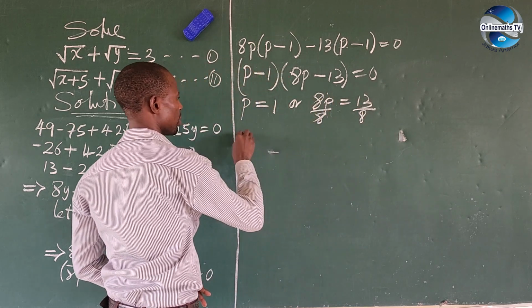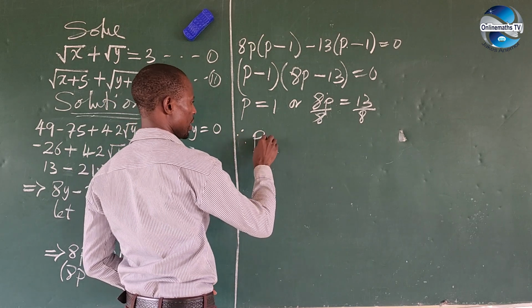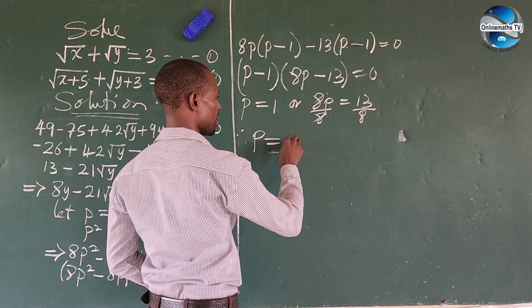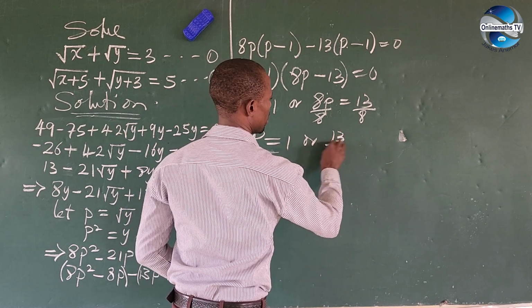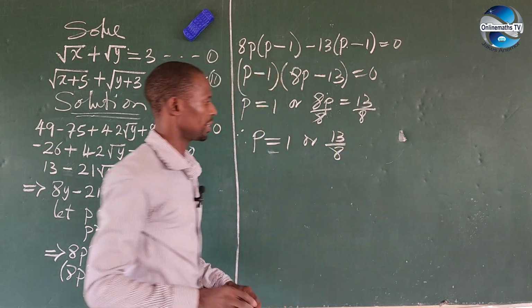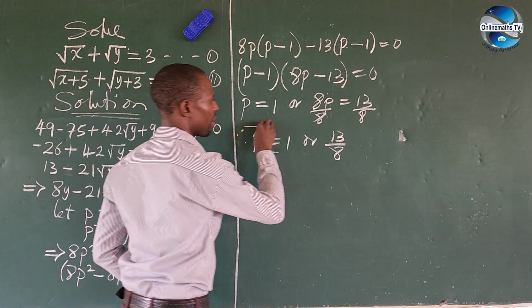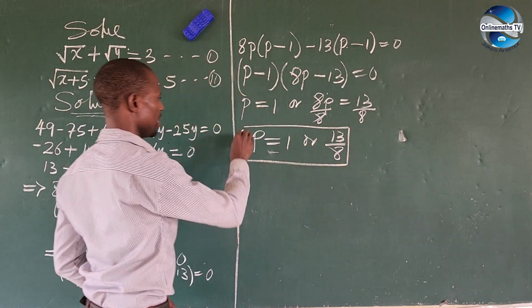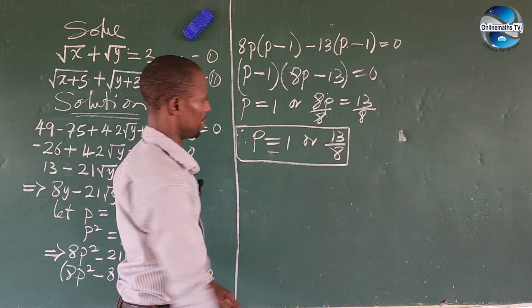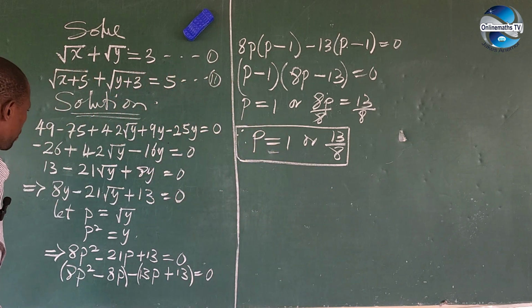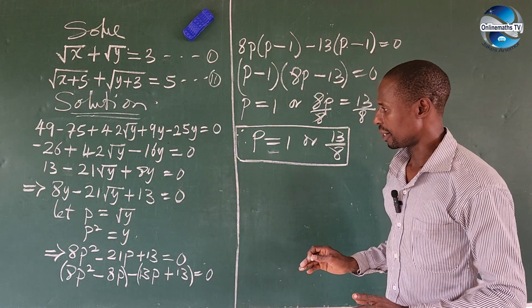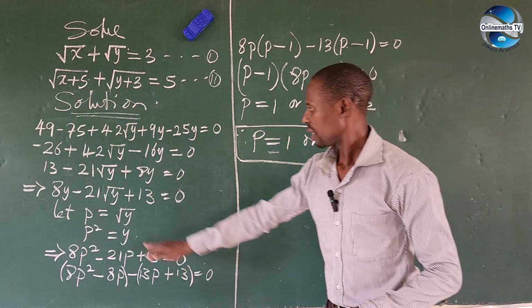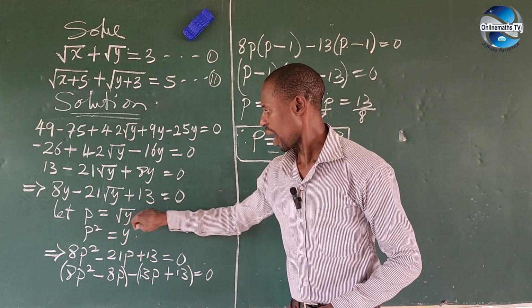So finally we have our p1 equal to 1, or p2 is equal to 13 over 8. Okay, so we have our p1 and p2 in here. Now again, we recall there's a place where we said let p be equal to the square root of y, right?